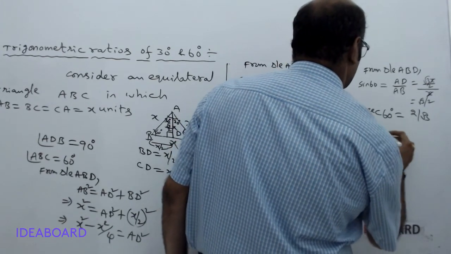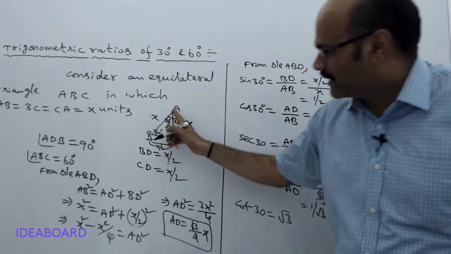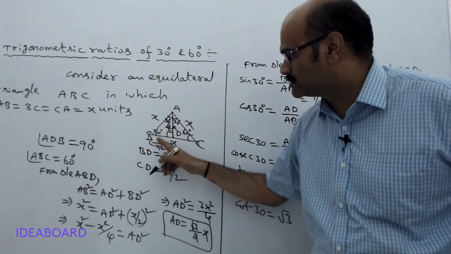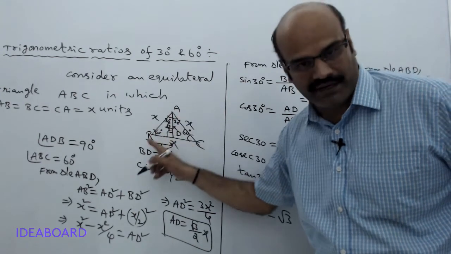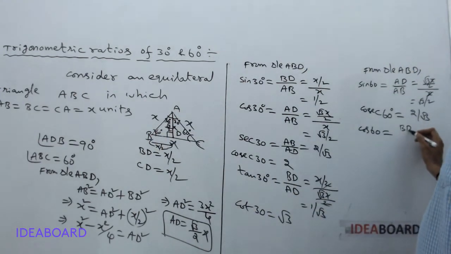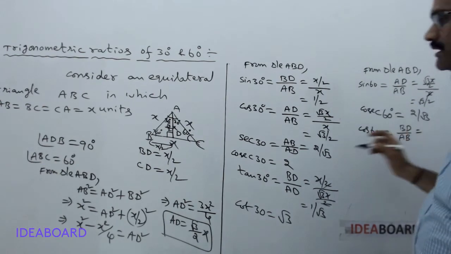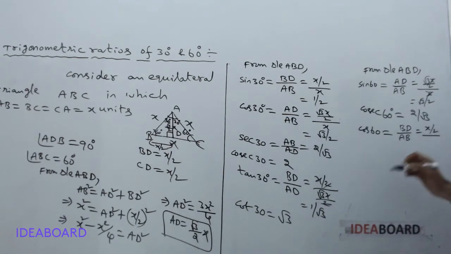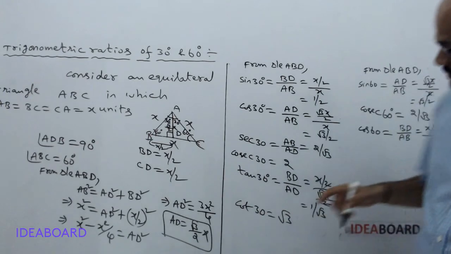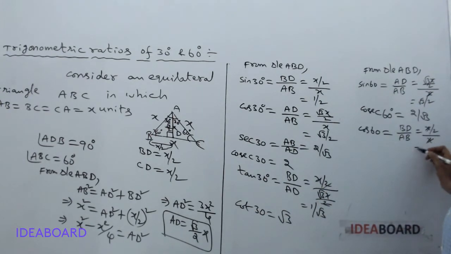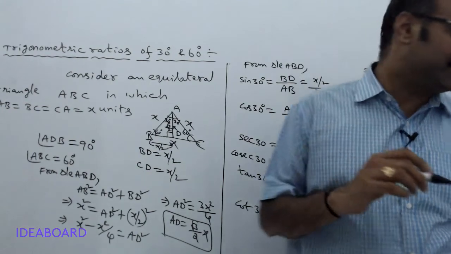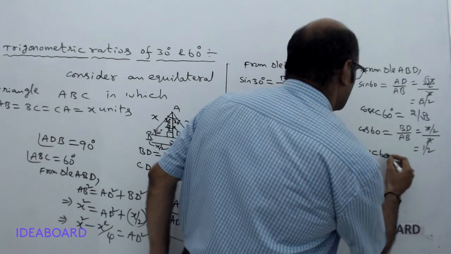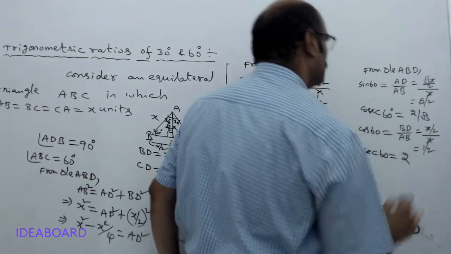Now cos 60, from the diagram, equal to base by hypotenuse, so BD by AB. Here BD equal to x by 2 whole by AB equal to x, equal to 1 by 2. Now cos 60 equal to 1 by 2, then secant 60 equal to reciprocal of cos.